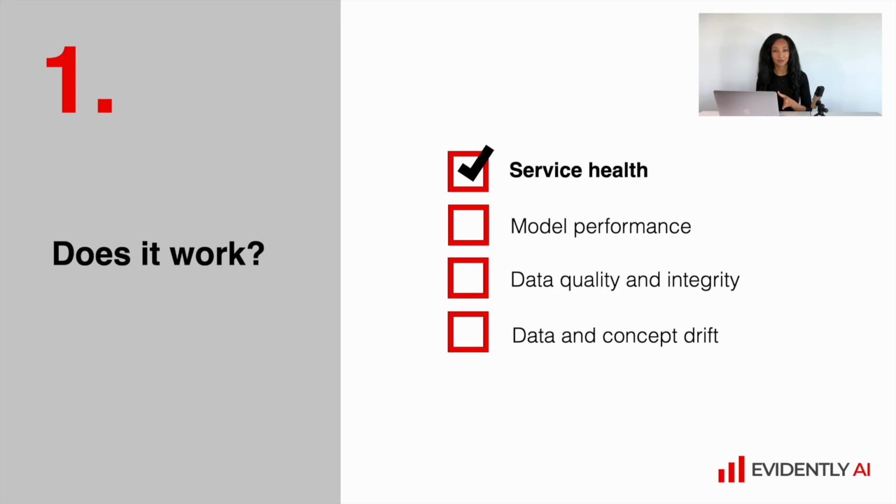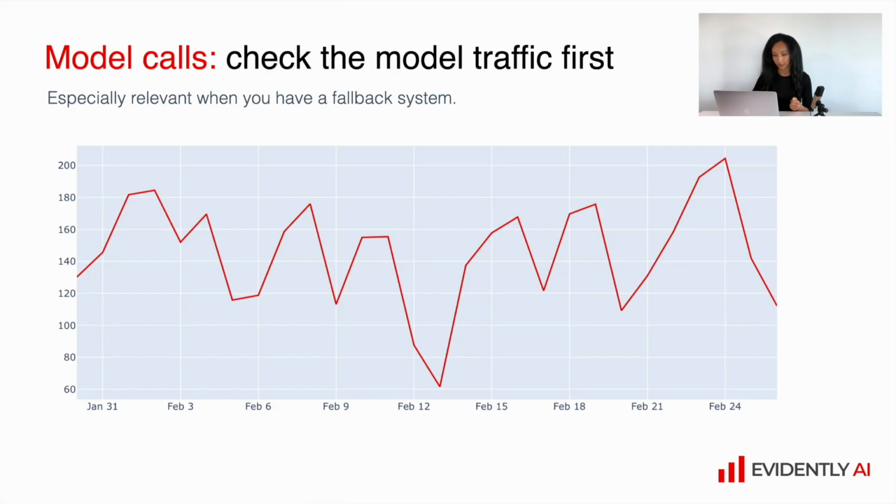Basically, service health monitoring helps us to answer the question, does the service work, right? And that's very important. To build up your service health monitoring, you can use the standard approach, which you use for any other services, not necessarily machine learning based, so it's a lot of technical metrics.